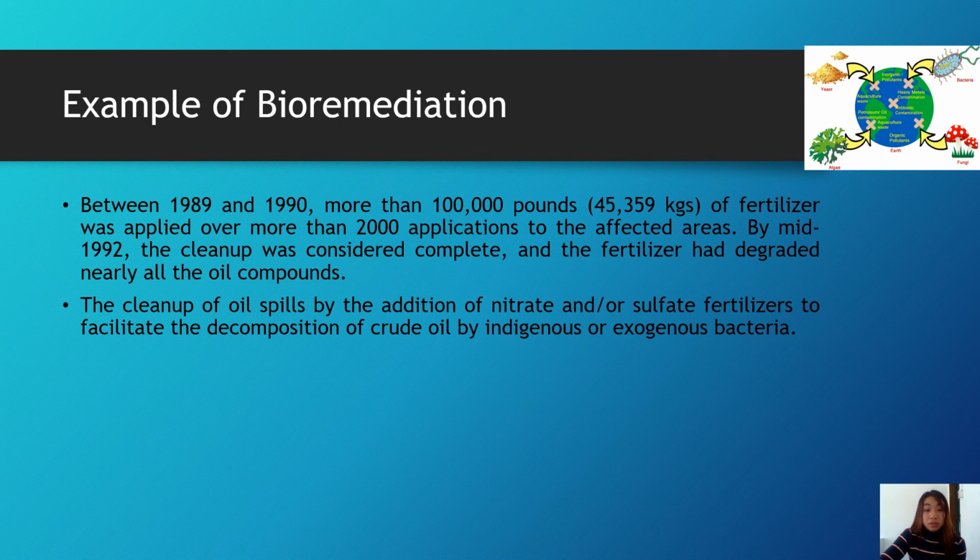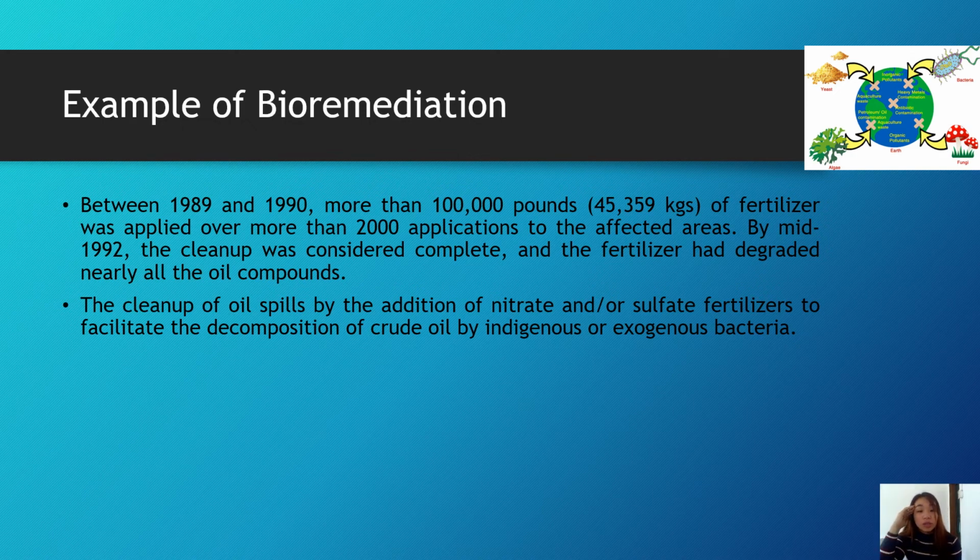So, some studies. Between 1989 and 1990, more than 100,000 pounds, or 359 kilograms, of fertilizer was applied over more than 2,000 applications to the affected areas. By mid-1992, within just 2 years, the cleanup was considered complete and the fertilizer had degraded nearly all the oil compounds.